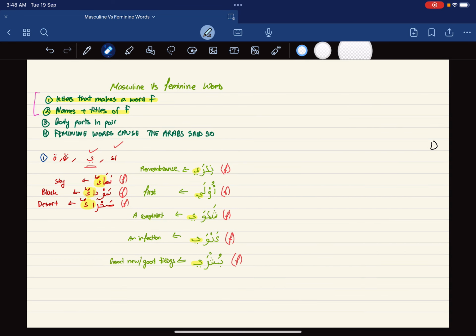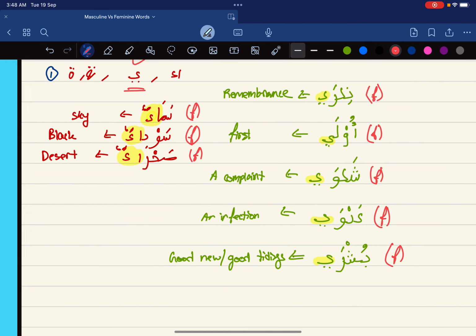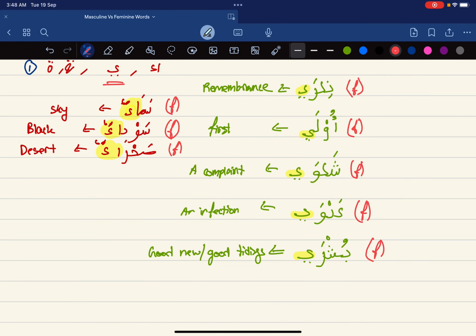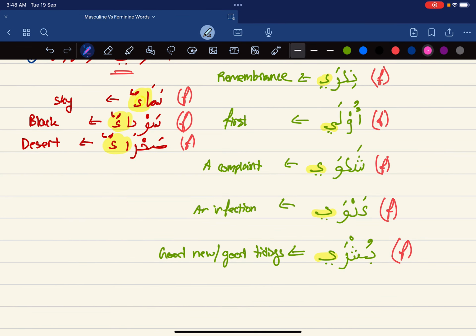Let's look at some ta marbuta endings. Why not? Since we're on the go, let's look at the word زوجة. Interesting thing is the word زوج means wife.